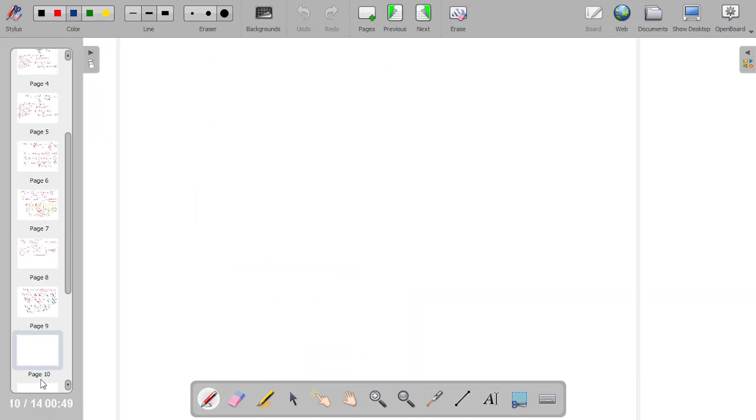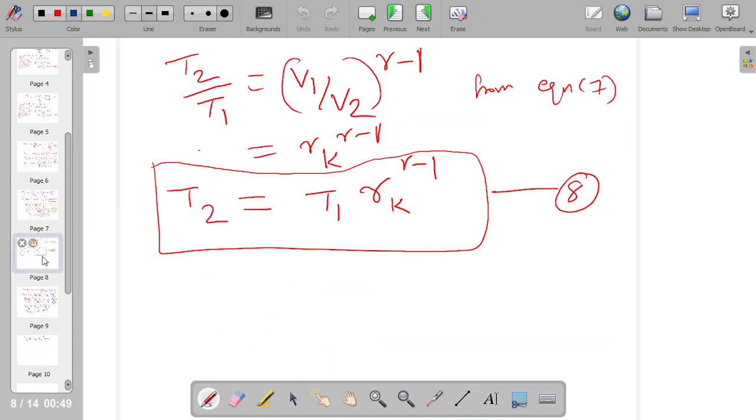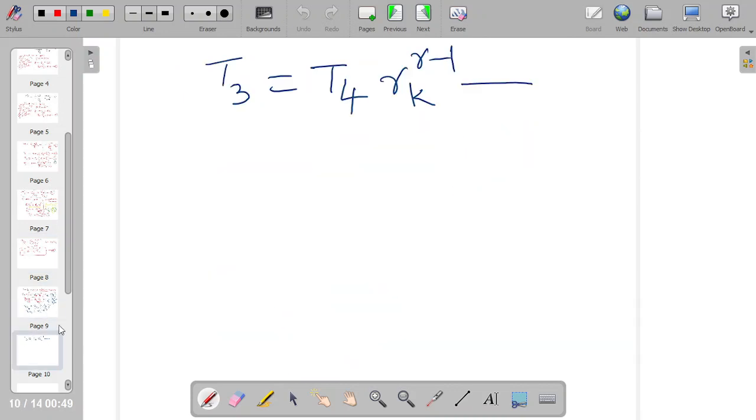Or we can write it as T3 equals T4 into RK raised to gamma minus 1. So this is our next equation, equation 9.